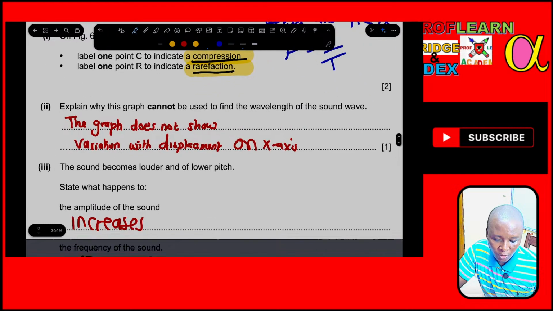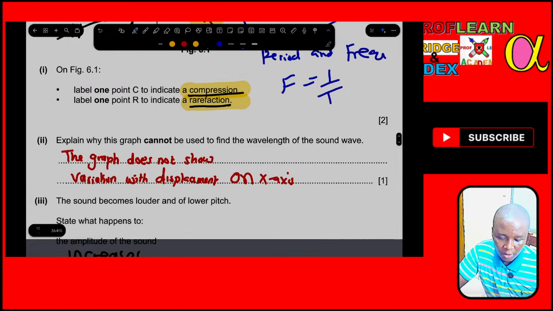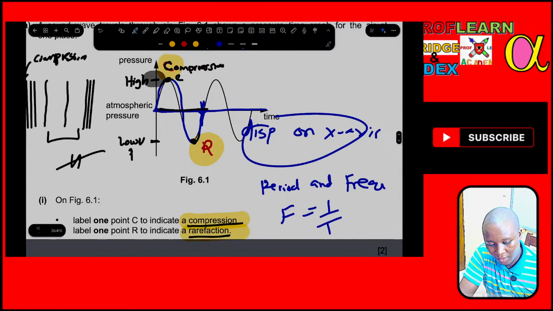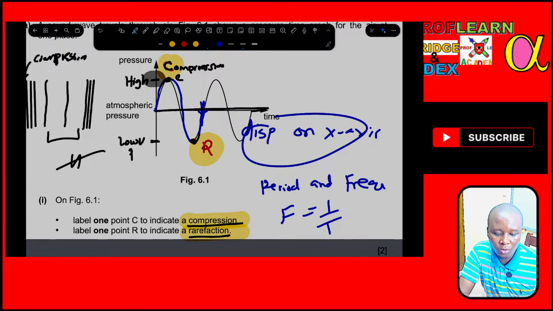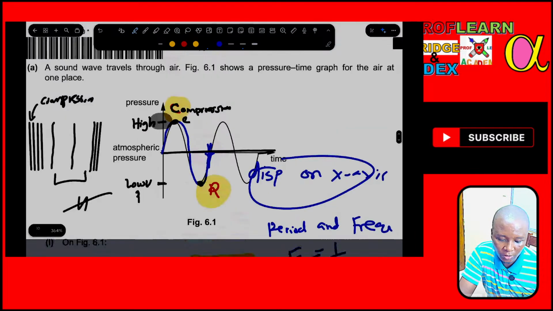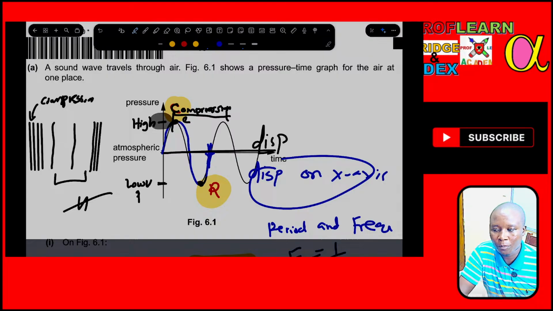Explain why the graph cannot be used to determine wavelength. You can see the graph has time on the x-axis. So there's no way this graph can be used to find wavelength, because wavelength is the distance between two crests. We should have displacement in this region for us to use this graph to measure wavelength.